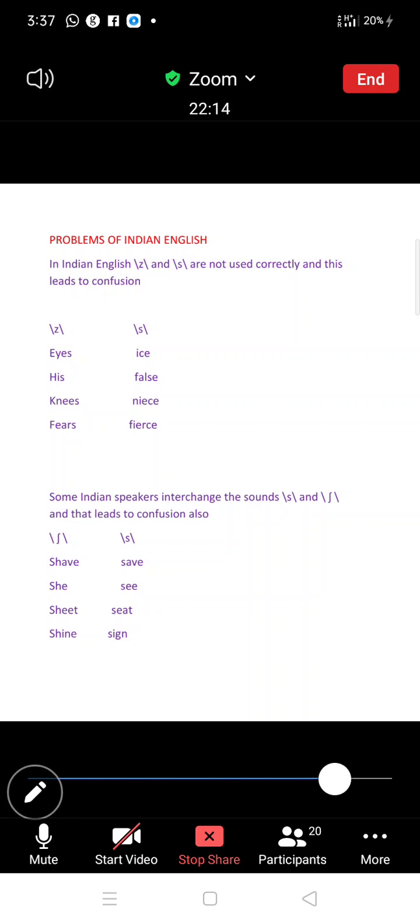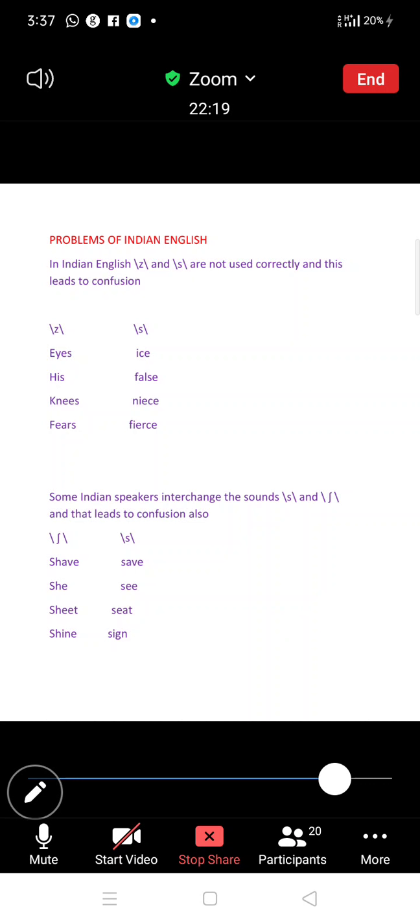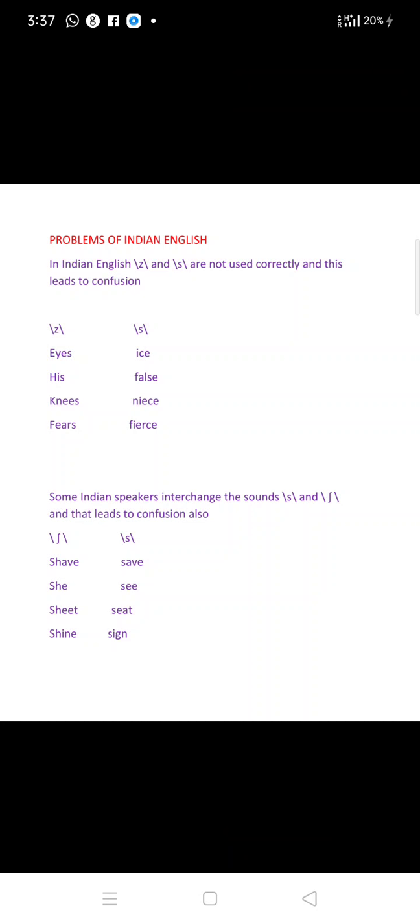Now, problems of Indian English. We are Indian speakers. We are not native speakers of English, right? So we are not familiar with listening to English with foreign accents, foreign lectures and foreign broadcasting and all.